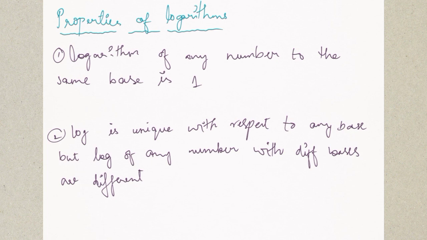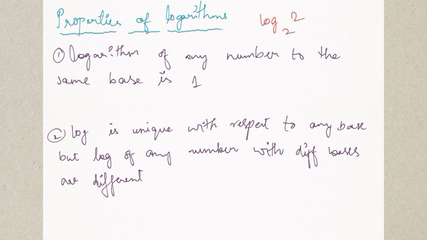Next we have to see something very, very important: properties of logarithms. These properties are very important because for solving complex problems they are essential. First, the logarithm of any number to the same base is 1. That means, for example, the logarithm of 2 to the base 2.